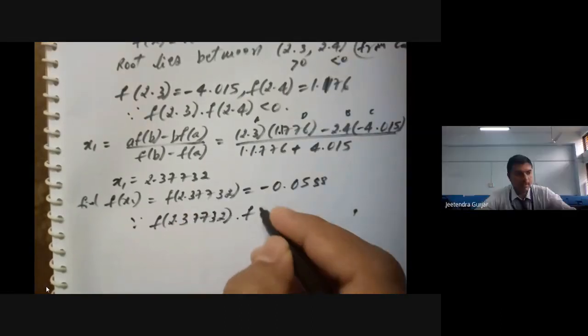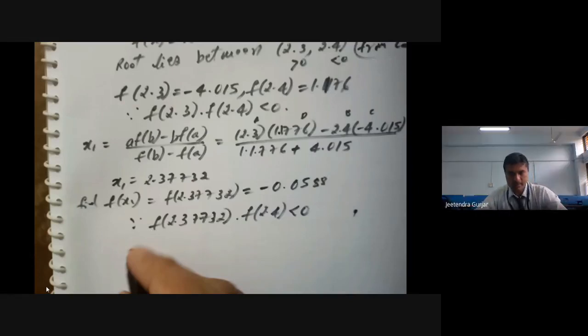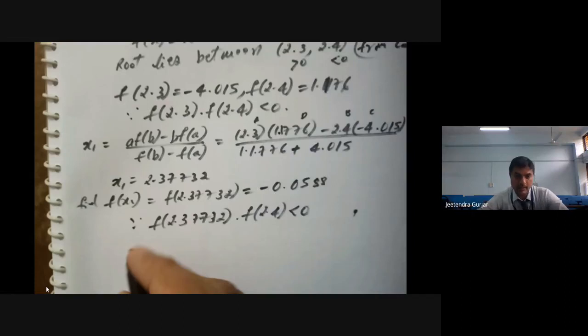Excuse me, sir. Yes. Sir, in the question they have asked us to approximate it up to three decimal places. Yes, three decimal places. So you have used five. When we use three decimal places, we get a different answer. You have to take all the five digits after the point for every question.